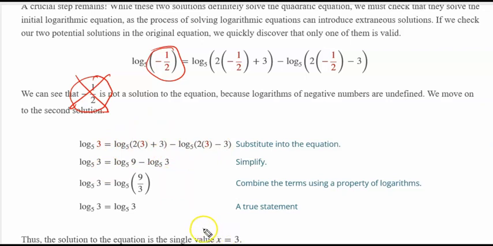So our correct answer then is x equals 3. If you were to put both values into the answer box in the software, they would count it incorrect. So again, you have to check these to see if the solutions you get meet the qualification of logs. You can't have a negative log.